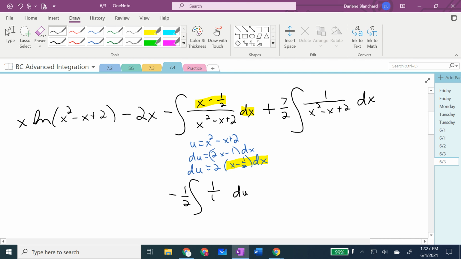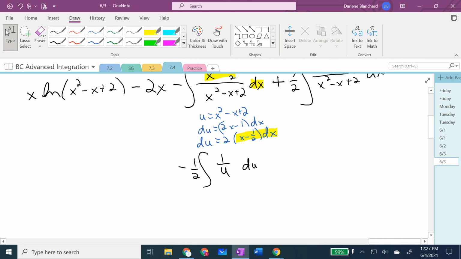And then I have a 1 over u from there. So minus 1/2 natural log of the absolute value of u, but I don't need absolute values because u is a quadratic that will only be positive.